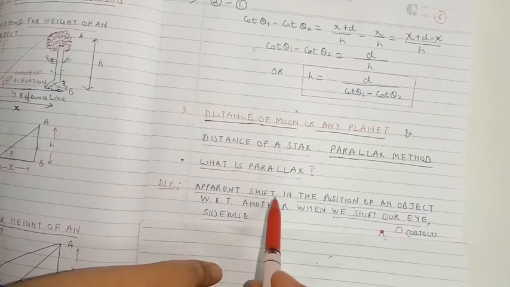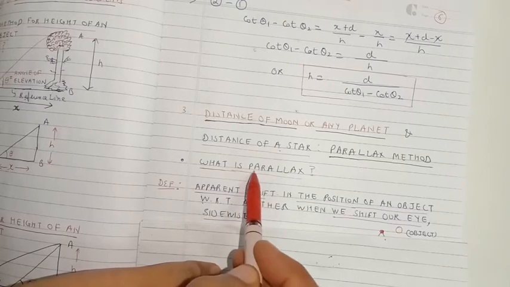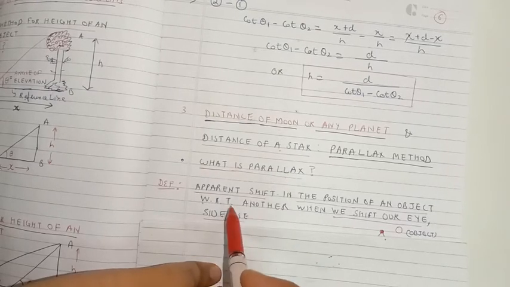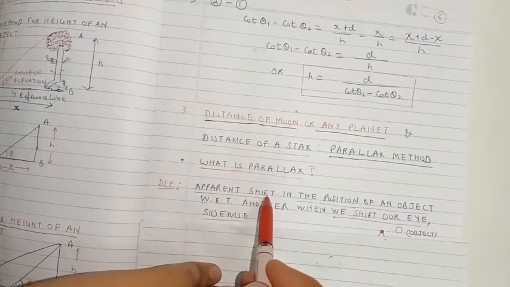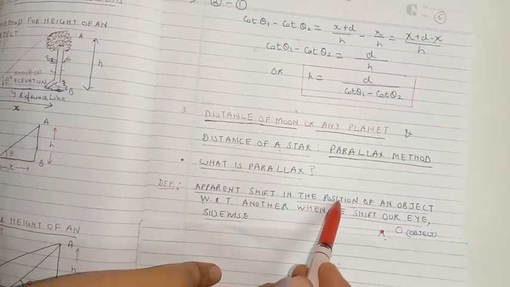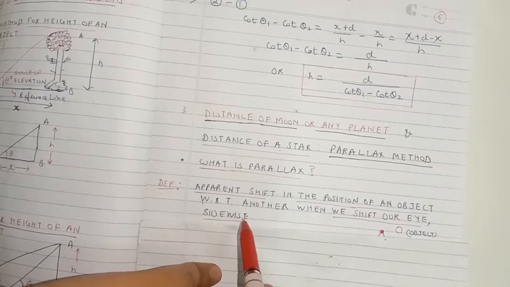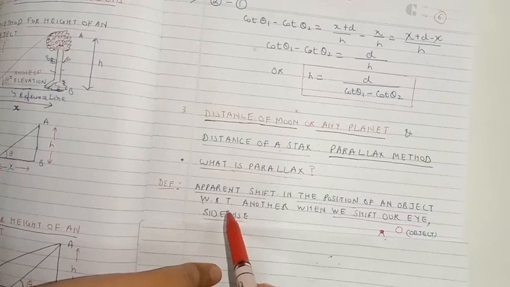So nature has given us two eyes so that this problem of parallax can be resolved by the brain and we are able to locate the actual position of an object. So this shift which appears in the position of an object when we observe it with one eye at a time, we call a parallax.